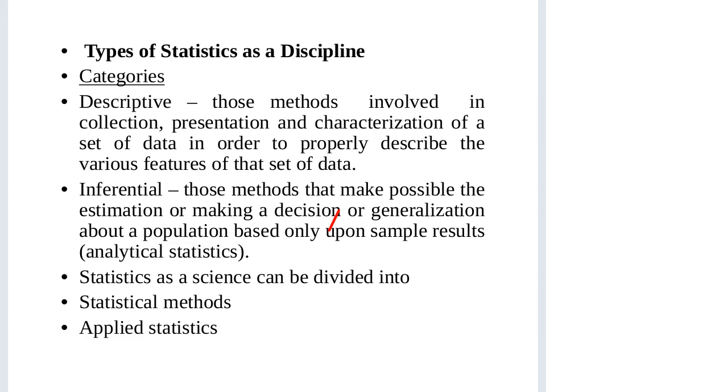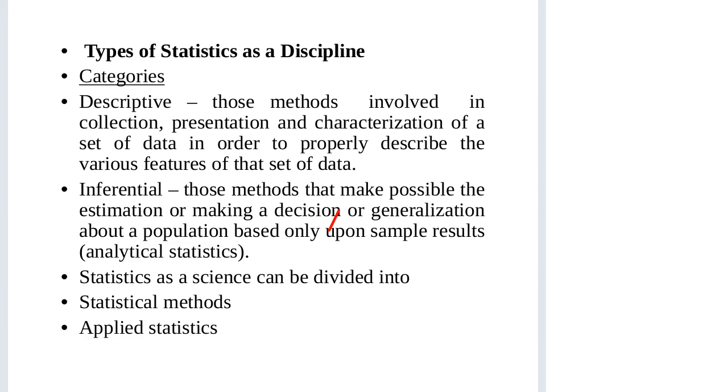We have descriptive statistics, and we also have inferential statistics. Descriptive statistics refers to those methods involved in the collection, presentation, and characterization of a set of data in order to properly describe the various features of that set of data.